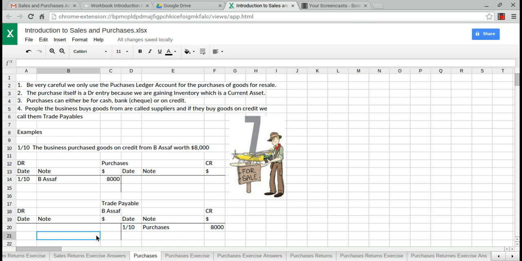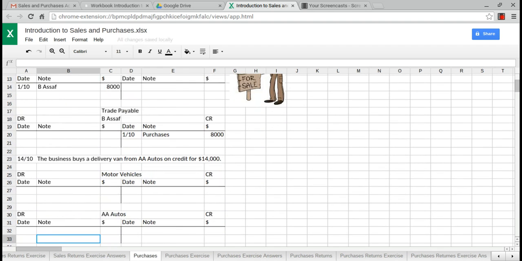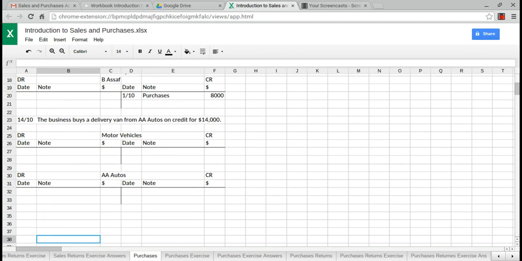Just to emphasise a point, very quickly we'll have a look at a transaction. In this case, a business is going to buy a delivery van from AA Autos on credit. So in this case, it's not the purchases account which we're going to debit. It's going to be the motor vehicles account. Put in the date, put in the opposite account, put in the amount.